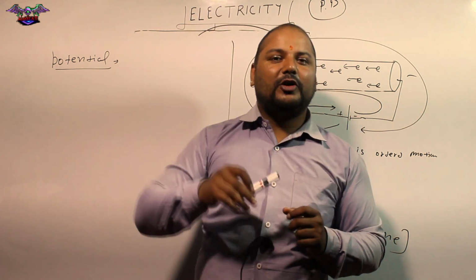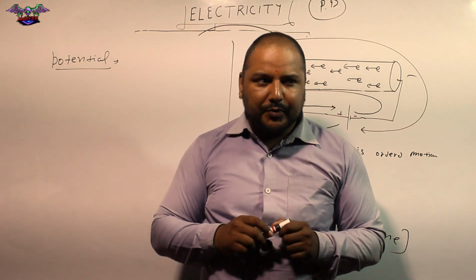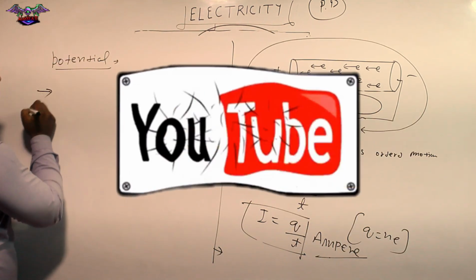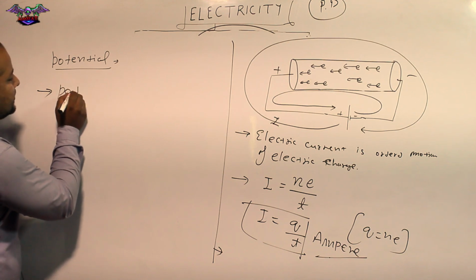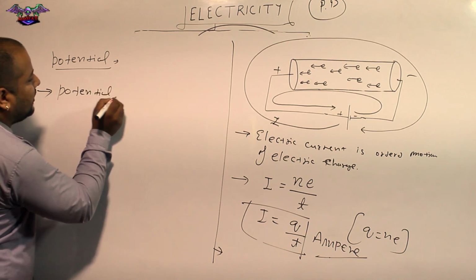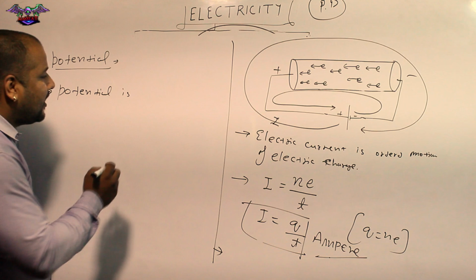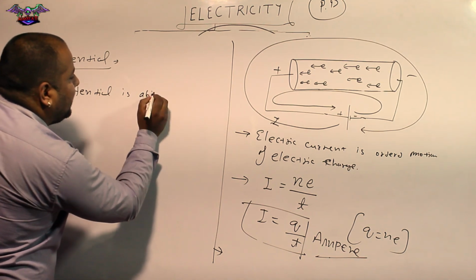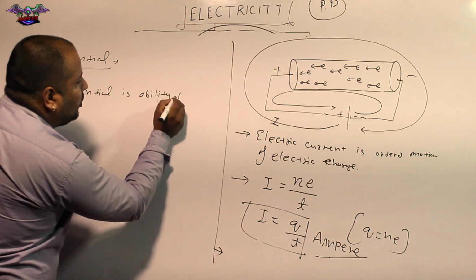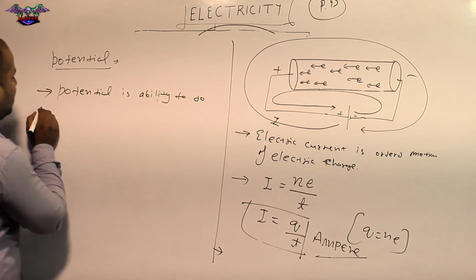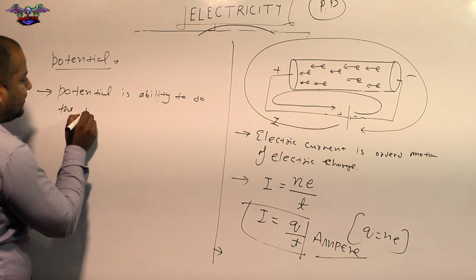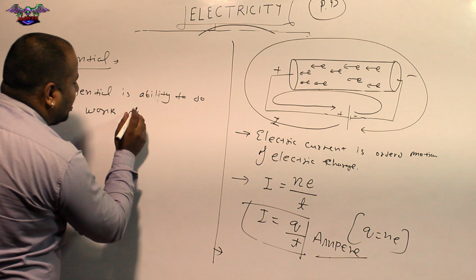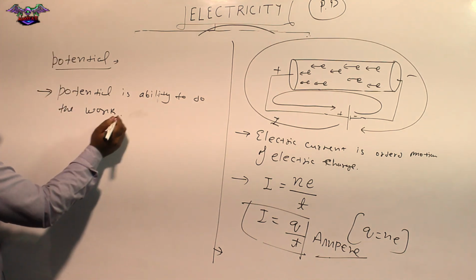So the result we got is that potential is ability to do the work automatically.